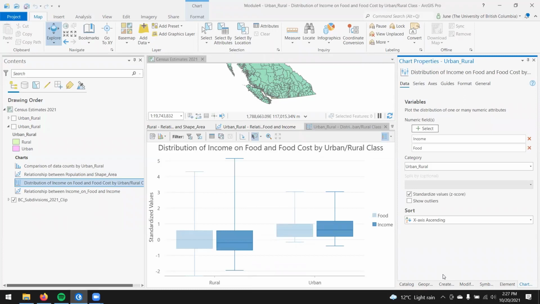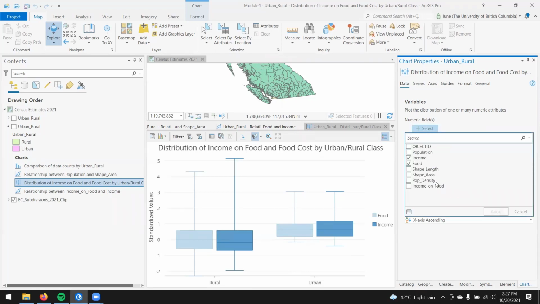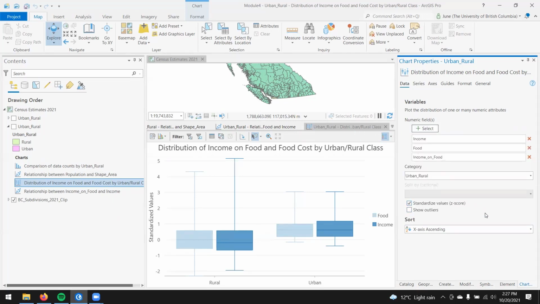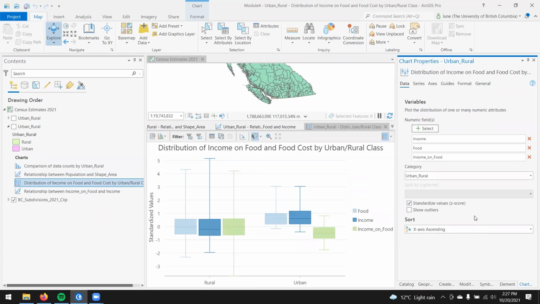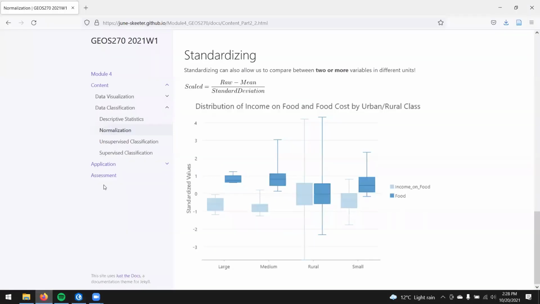Notice the differences between urban and rural for income and for food are pretty similar. And then you want to look at income on food as well. And we see a bit of a difference where urban dips below what we would expect. So this is just to point out that you can string together multiple variables in a box plot to get more information than you otherwise would have.